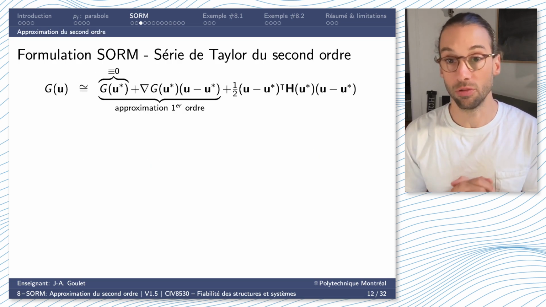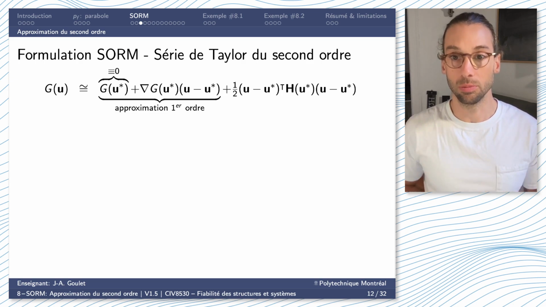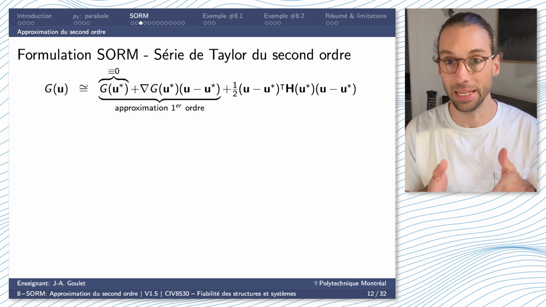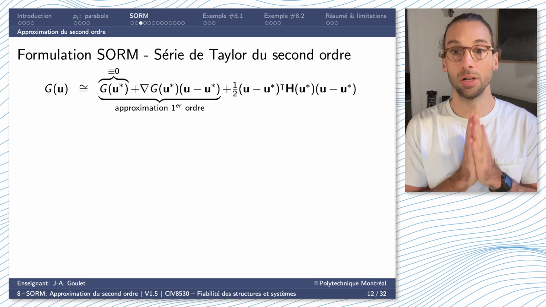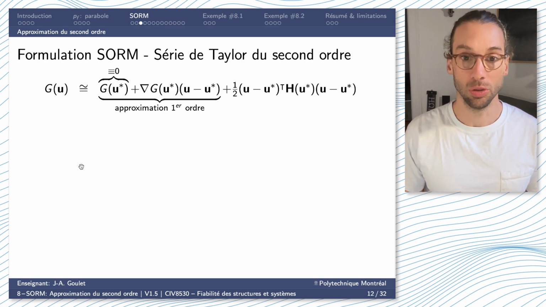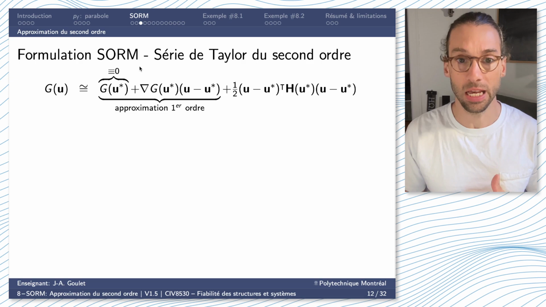So the first step to find those curvatures is to express our linearized, or parabola-like, limit state function by a second order Taylor series expansion. So far in module 5 and module 6, we've kept seeing this formulation.